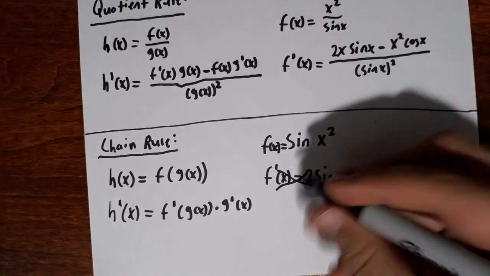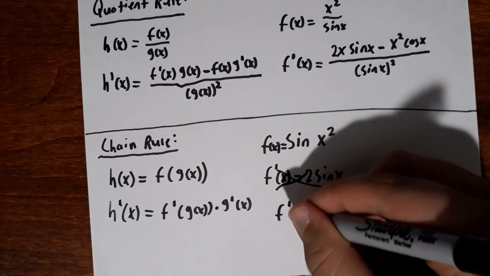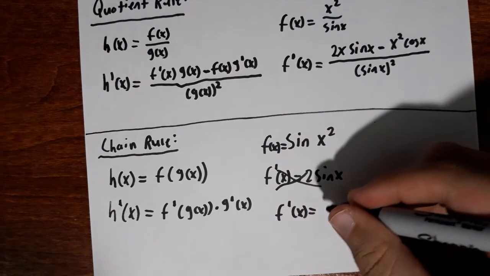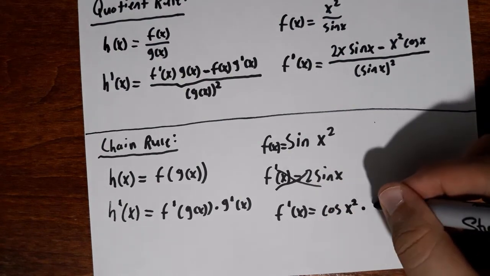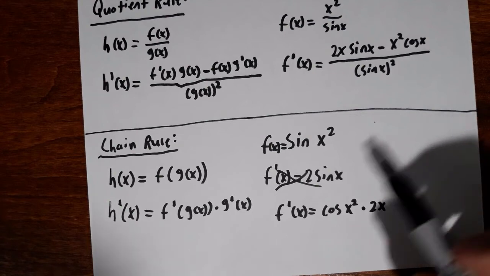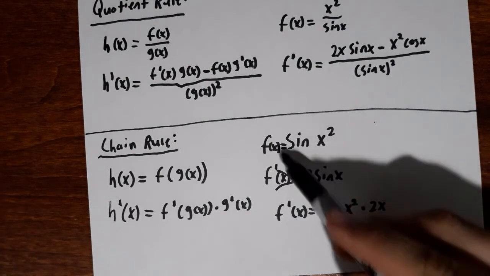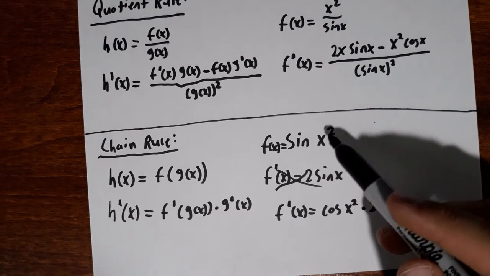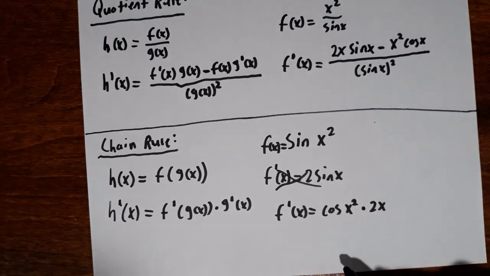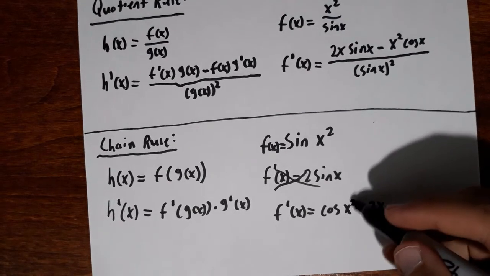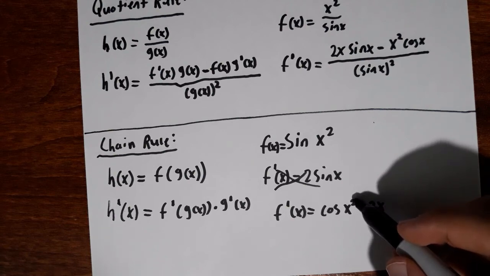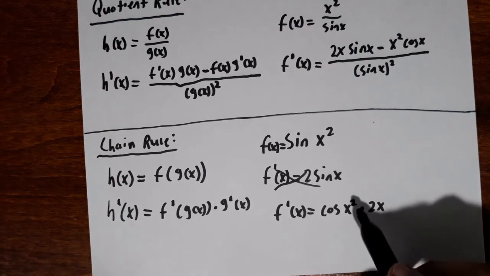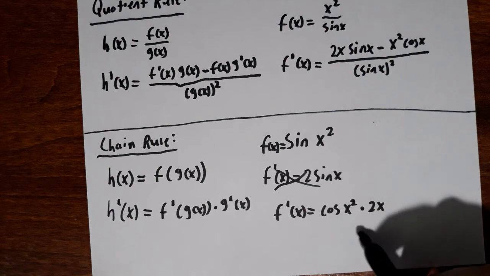The actual derivative would be equal to cosine of x squared times 2x. So we took the derivative of our first function, sine of x squared, which would give us cosine x squared, but because this function in here has a multiplier on it, we have to take the derivative of this function as well, giving us this 2x on the outside.